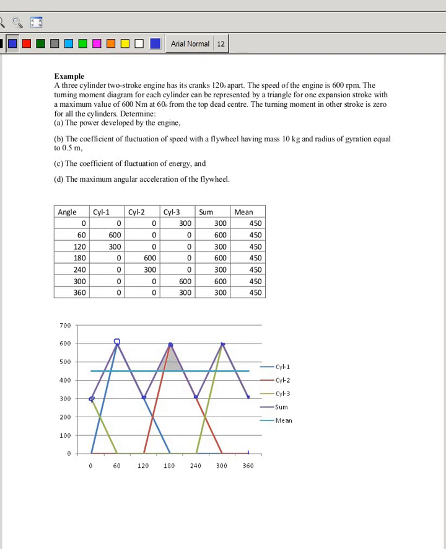So you get this point, and again this point, this you can get.